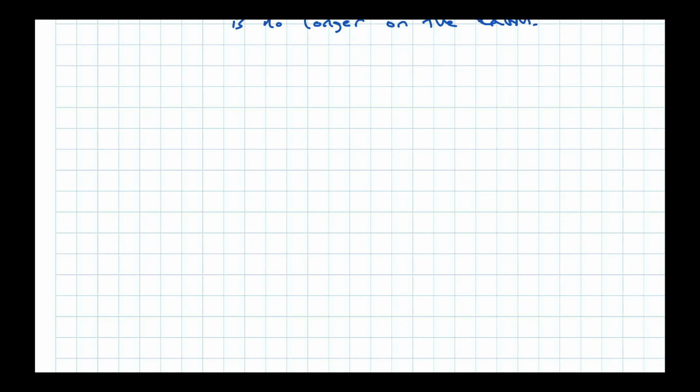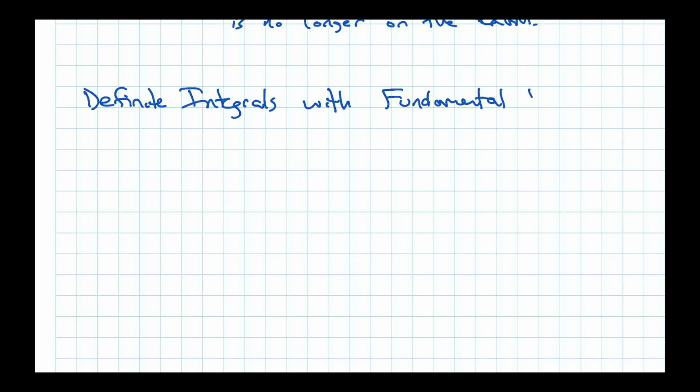The first one says, review evaluating definite integrals with the fundamental theorem of calculus. So the topic is definite integrals with the fundamental theorem. I think we have a couple of questions here, so let's start the review.